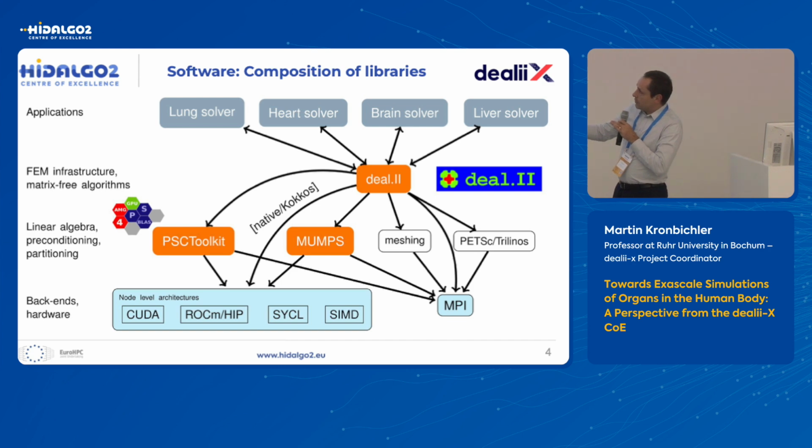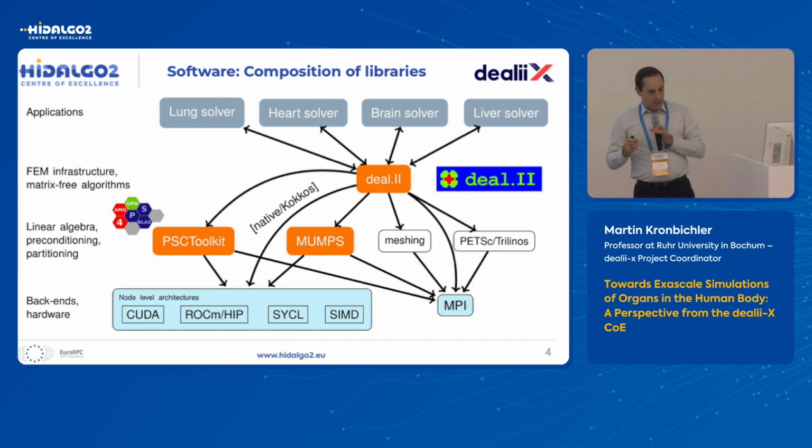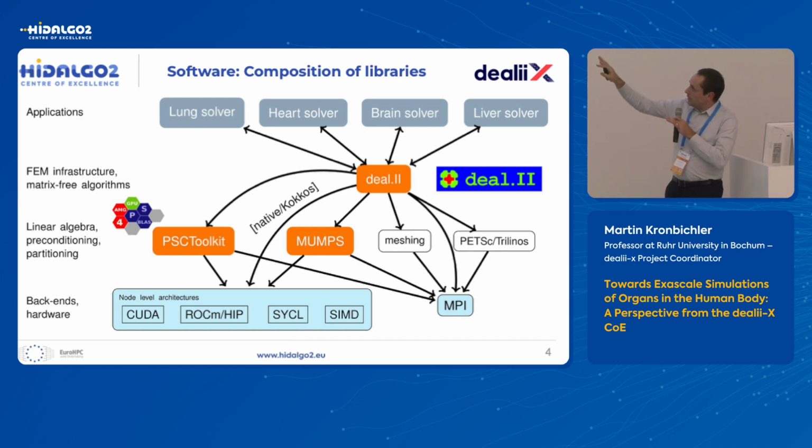The name of our Center of Excellence comes from a finite element library, which is called deal.II, which is very much focused on providing toolboxes, but it's not implementing equations. The equations are what we place at the top here, where I just say lung solver, heart solver, brain solver, liver solver, which are our 4 main areas in the Center of Excellence. We have a 5th one, which is more spanning different cell processes, which I didn't list here.